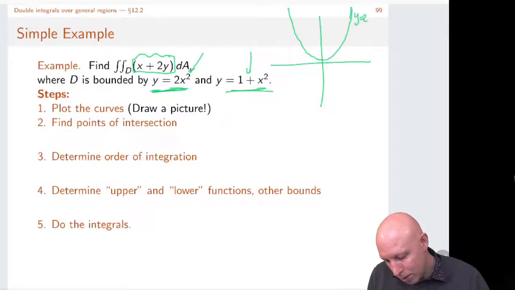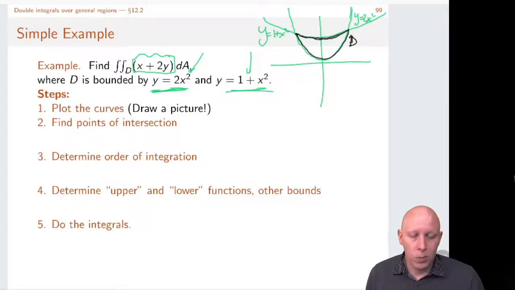And then we have y equals 1 plus x squared. It's going to look like this. All right, so we now have our region, this is our domain D.